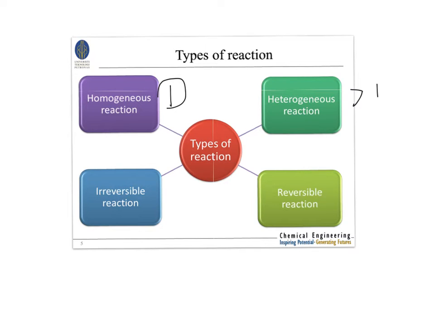While irreversible reaction proceeds in only one direction and continues until all reactants are consumed. And the opposite of irreversible reaction is the reversible reaction, which can proceed in either direction depending on the concentration of reactants and products.